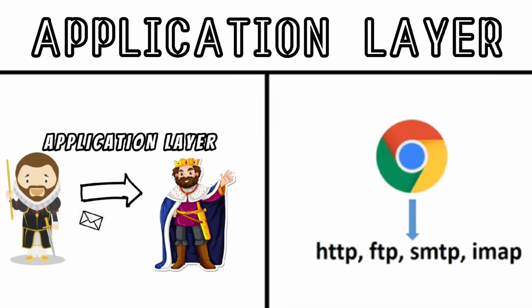So developers only write the business logic of applications, and for all network-related functionalities, applications request network layer protocols, for example, FTP for file sharing, HTTP for web, and SMTP for mail transmission.